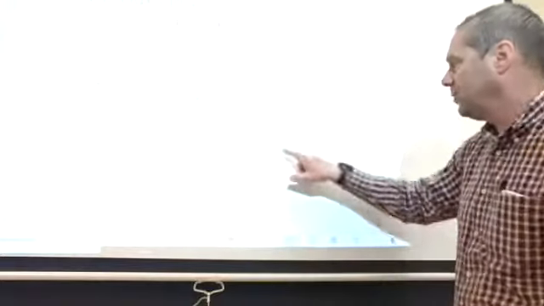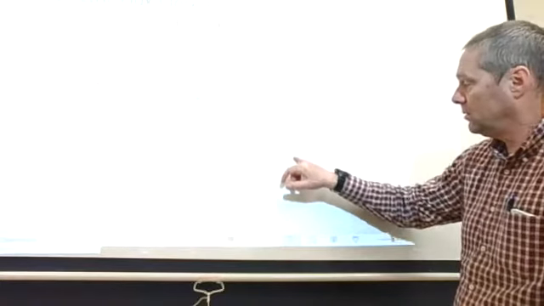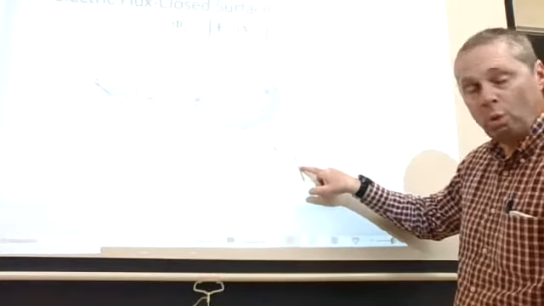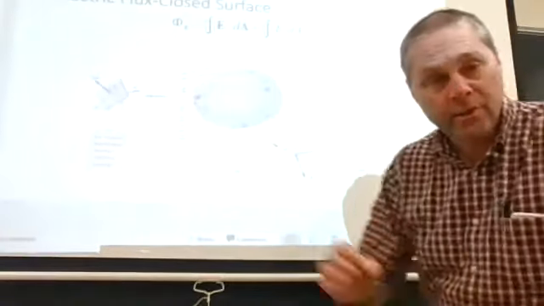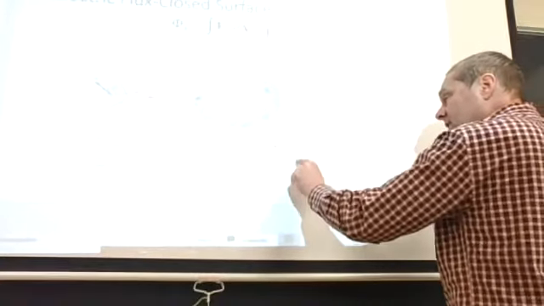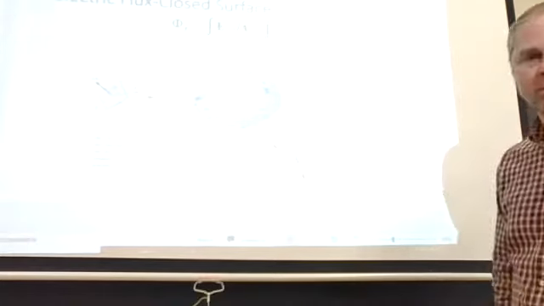You've got the surface, you've got the surface normal, the area normal, and you have the electric field being perpendicular to that normal. Now the cosine of 90 degrees is 0, and so therefore the flux in this situation is going to be 0.